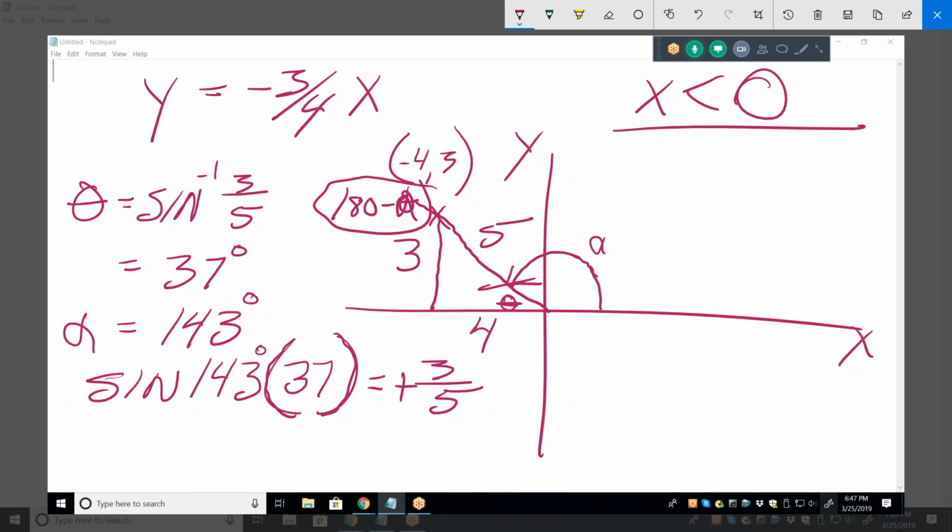It's the angle made with the x-axis, and this is always the reference angle, the one I put in parentheses. The reason I do that is because if you're dealing with common ones like 30, 45, and 60 degrees, then these are all positive and you pretty much have them all memorized. If you're dealing with this one, 37 degrees, you're really not dealing with 37. We already know what the sine of it is. It's 3/5.